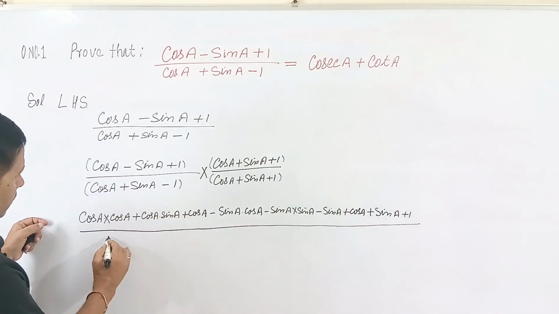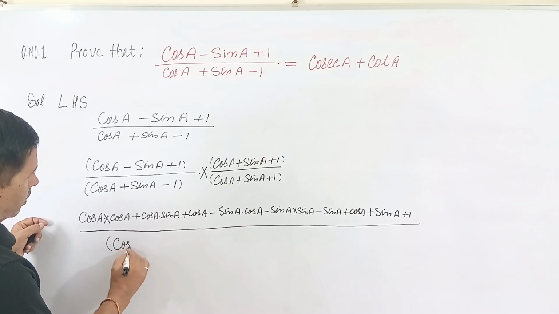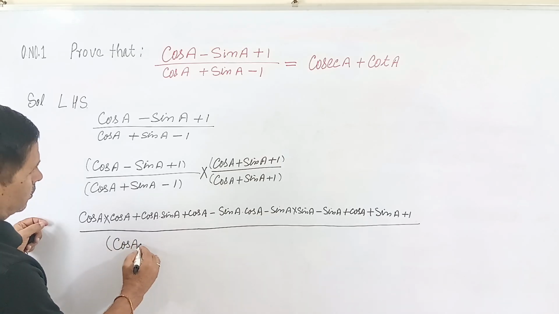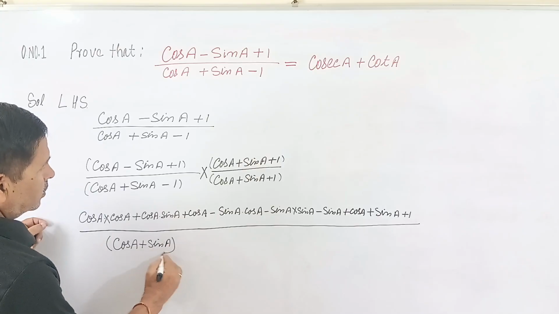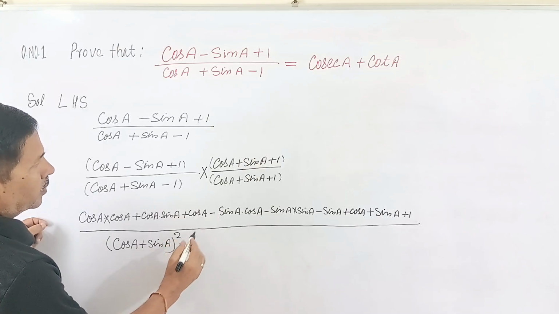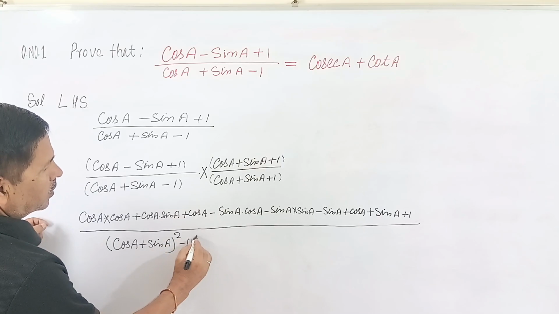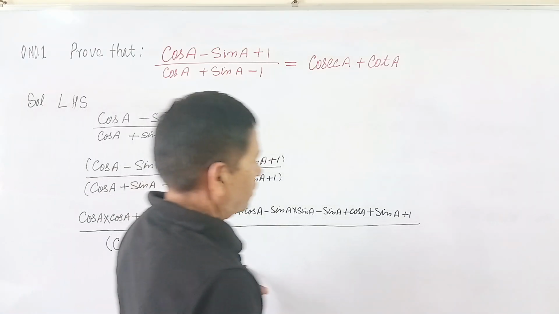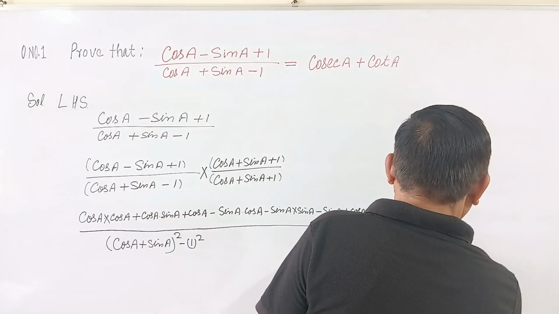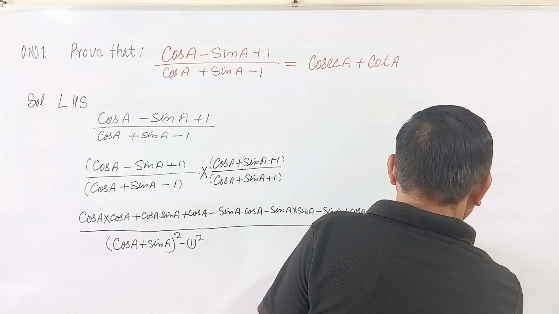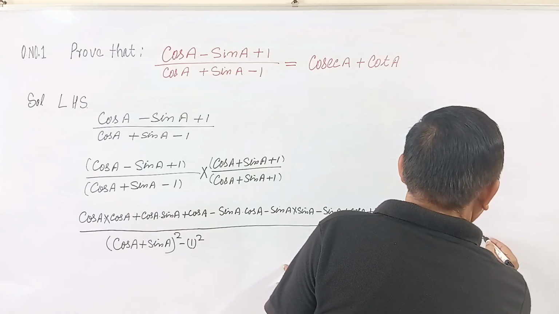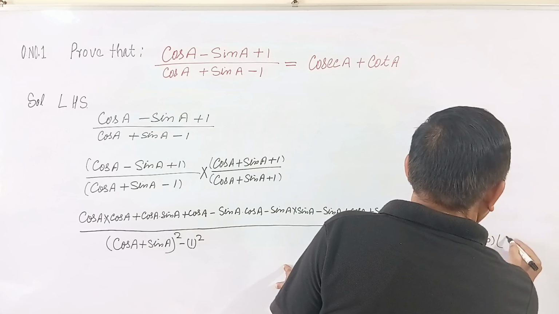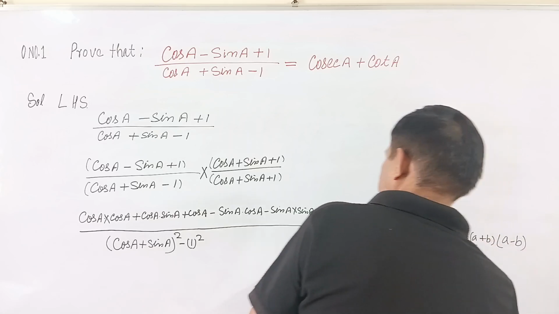So I can write (cos A plus sin A) square minus 1 square. Here the identity used is A square minus B square equals A plus B, A minus B.